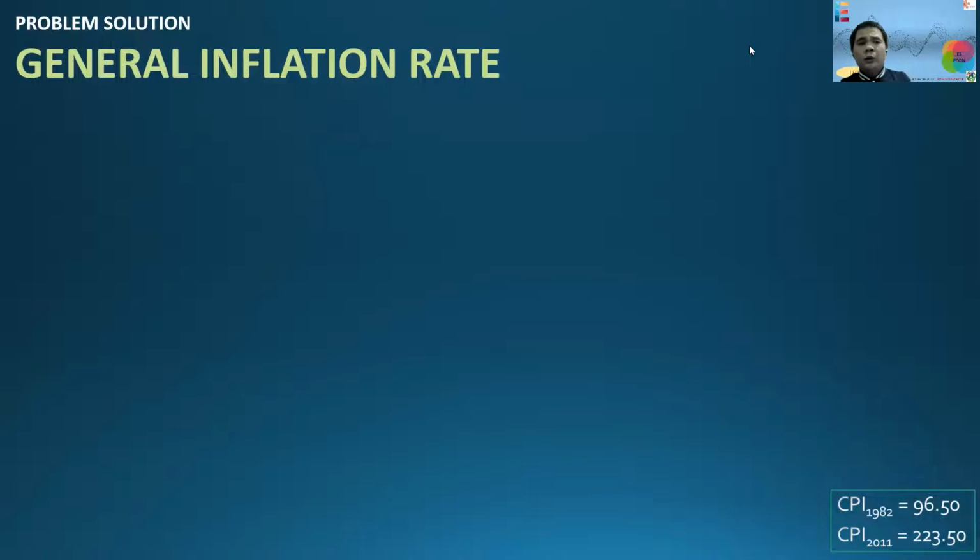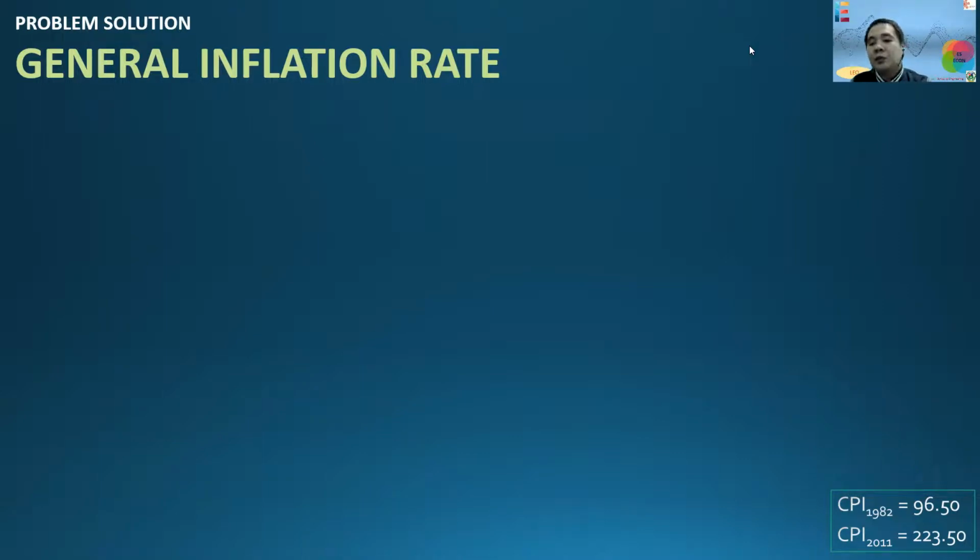So to continue with the third question, which is what is the general inflation rate, assuming we are not provided the general inflation rate for 1995. Say for example, we are given the CPI for 2011 and 1982.